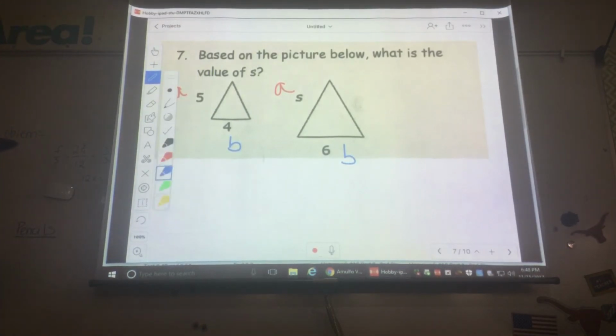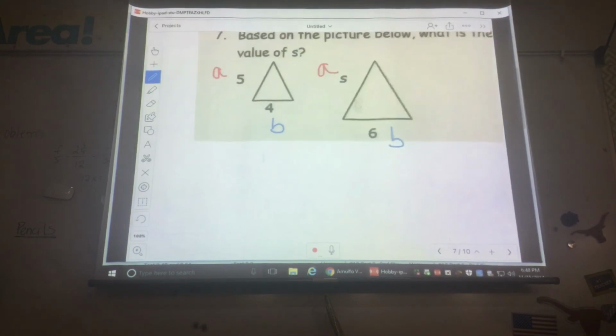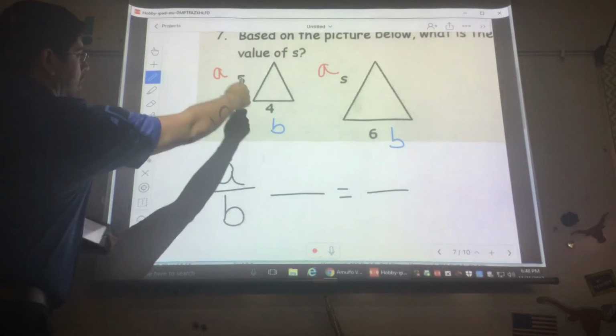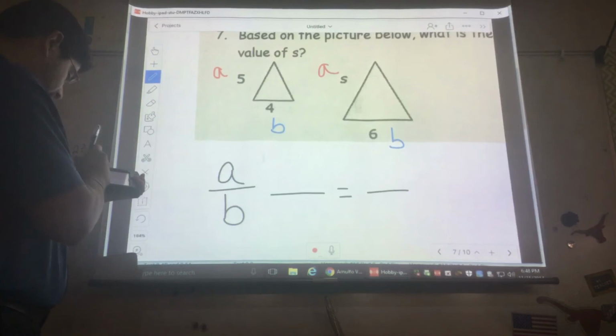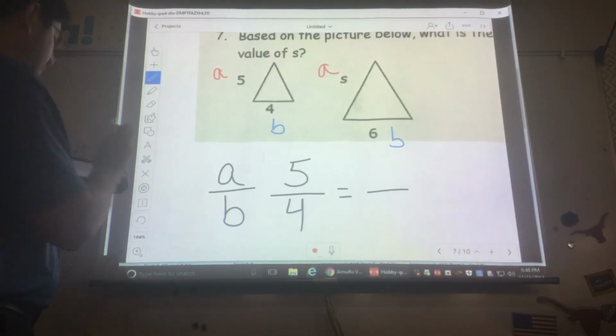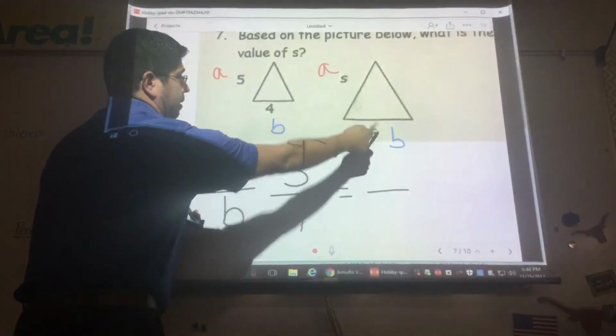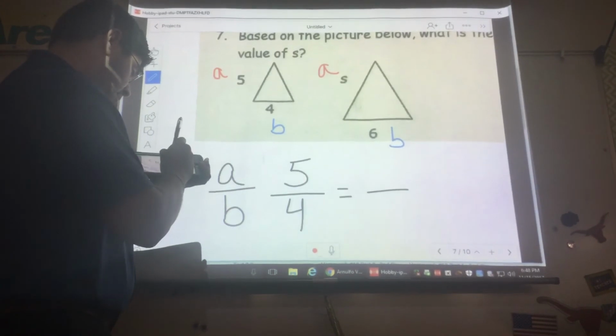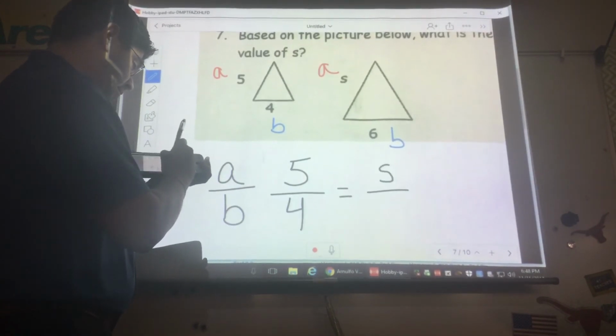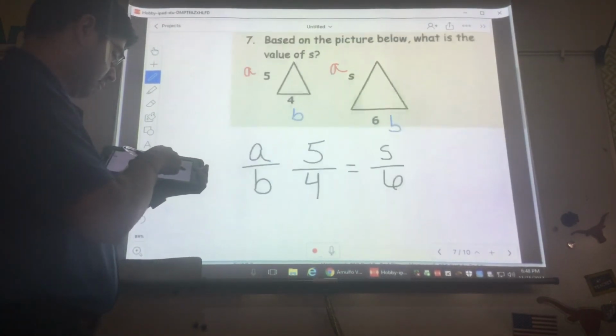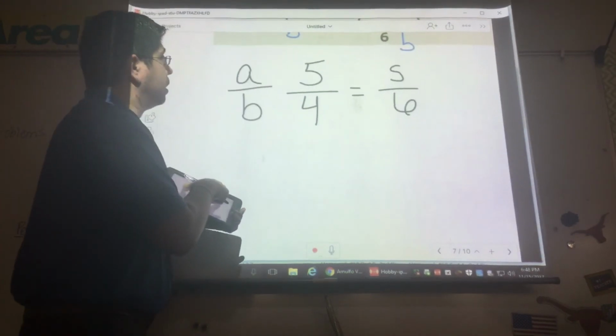So now we're going to have A over B. Set up our proportion. This is going to be the smaller triangle, so 5 over 4. This is going to be the bigger one, so S and 6. So now I'm ready to solve.